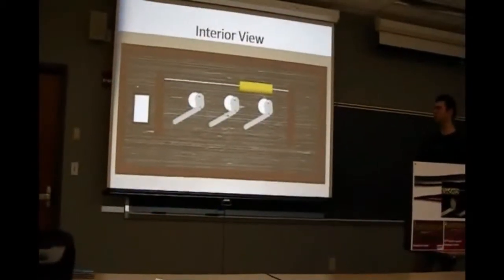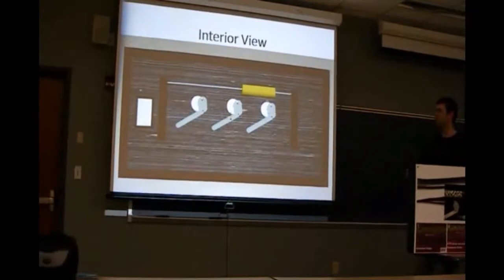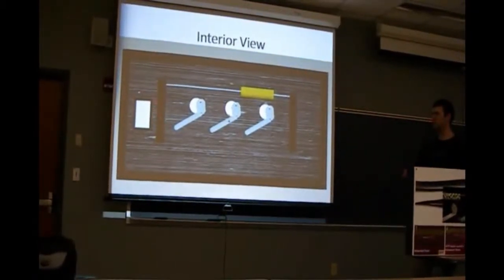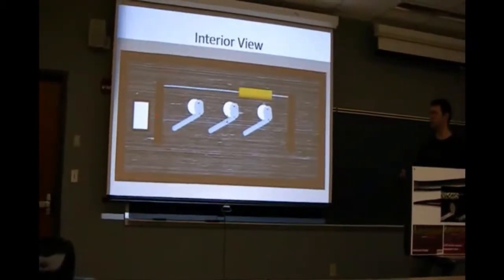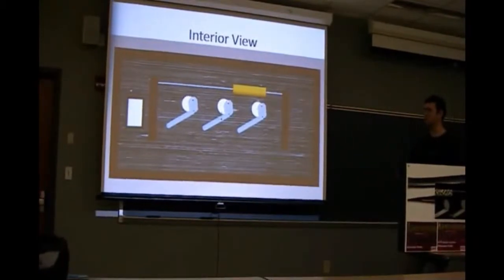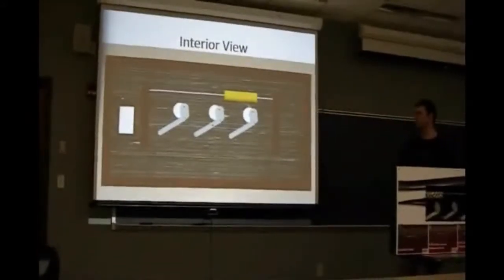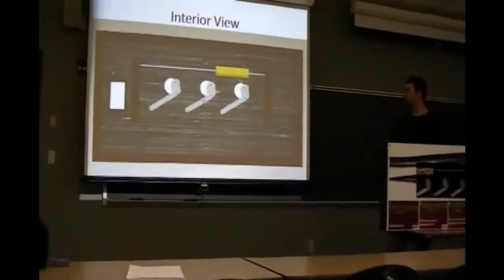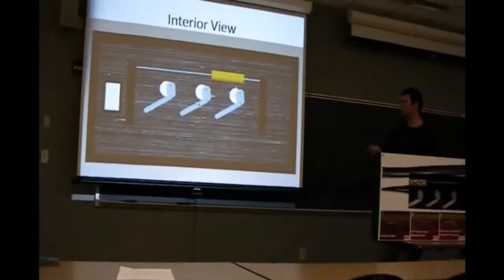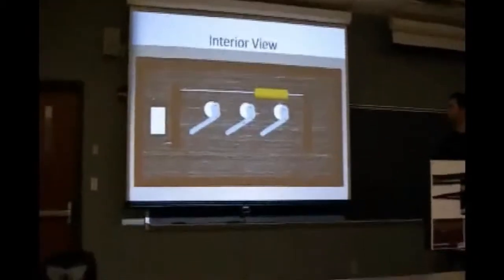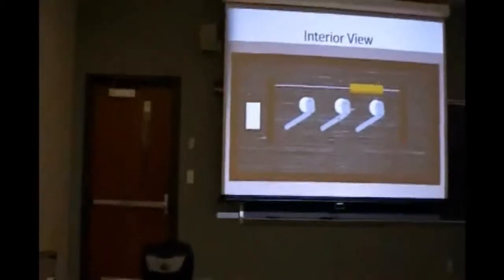This is just an interior view of what we've got here. The breadboard and the main circuit components are hidden away and blocked off from the rest of it, just to keep the wires and circuitry away so you don't get random hands poking in and shocking themselves or whatever. And then just a basic rod supporting the magnetic beads there.